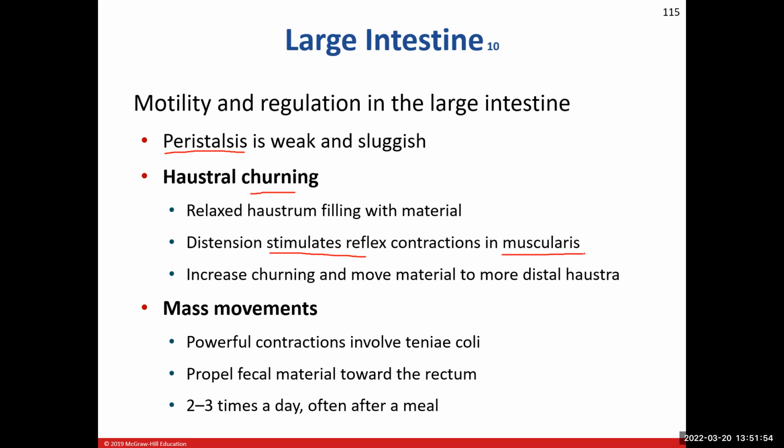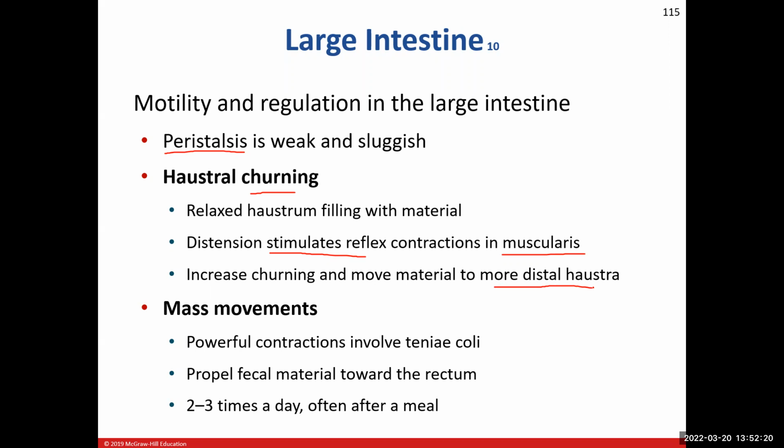And as it does so, it churns over the material, exposing more of it, so we can absorb as much of that material as possible. And then also, as that's occurring, we're going to move that material further along our digestive tract to the distal haustrum, further along, maybe in the sigmoid colon or from the transverse colon to the descending colon.